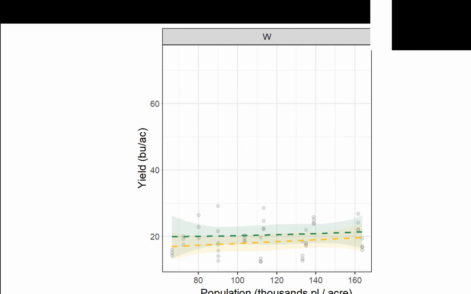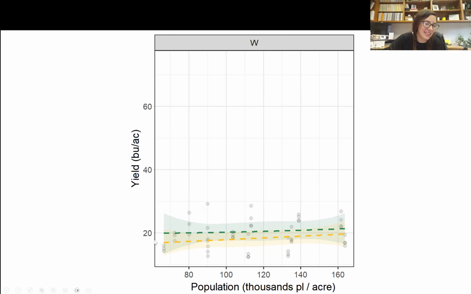We did not see any difference. Something that we see here is that risk that I was mentioning before: if you have less than 80,000 plants per acre, you have more variability here.